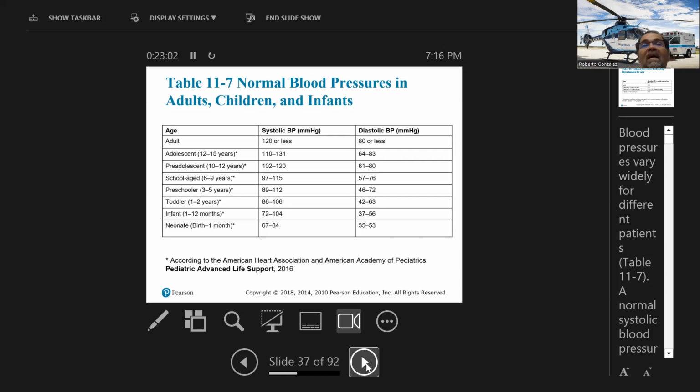Infants, from 1 month to a year, their systolic should be 72 to 104. Diastolic should be 37 to 56. Of course, you have your neonate, birth to 1 month, 67 to 84 systolic, and 35 to 53 diastolic.